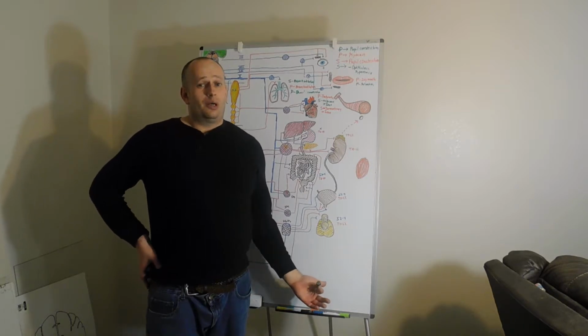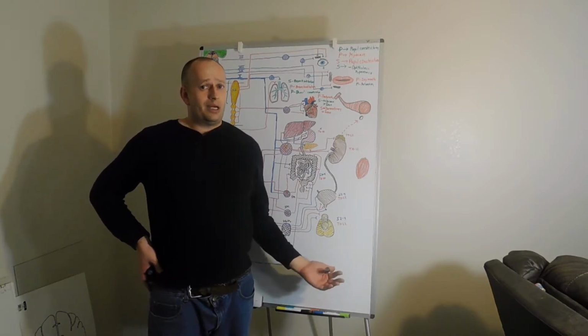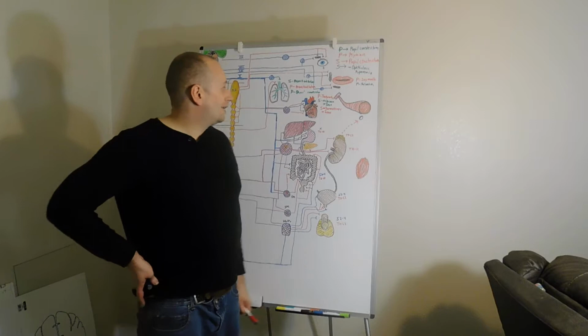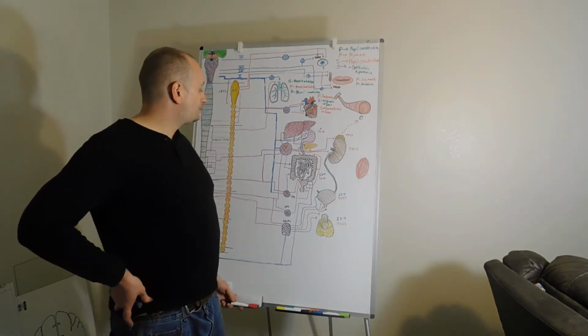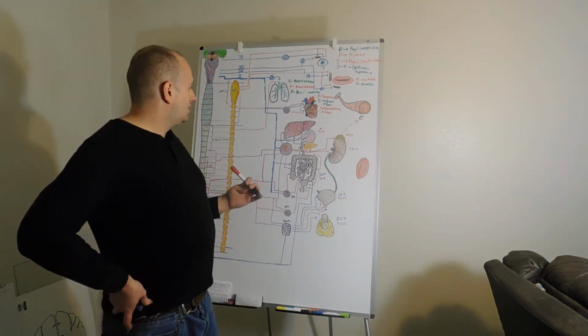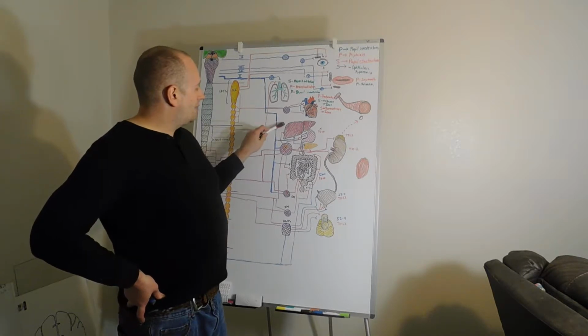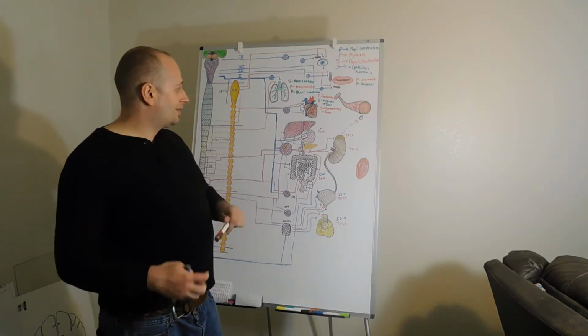So, if you don't need to take beta blockers, don't take them because they're not really that great. That would also affect the liver, by the way. I guess I'm getting ahead of myself.